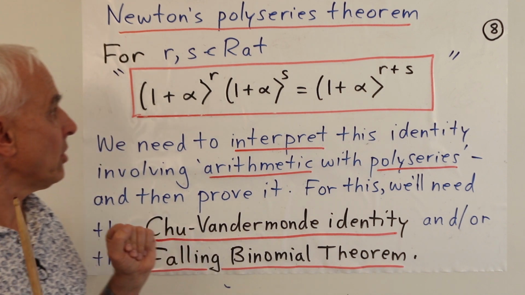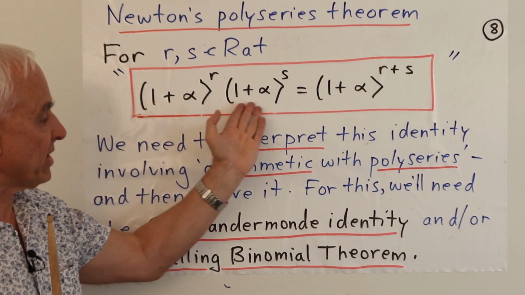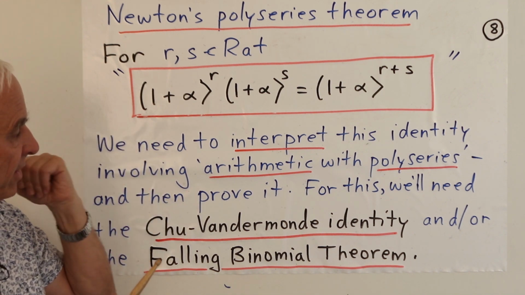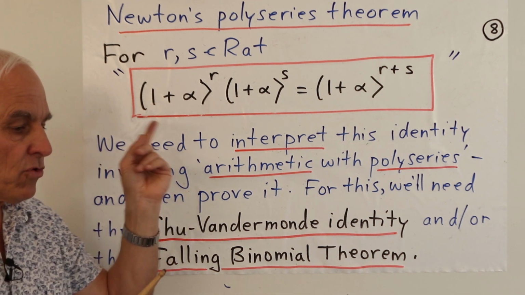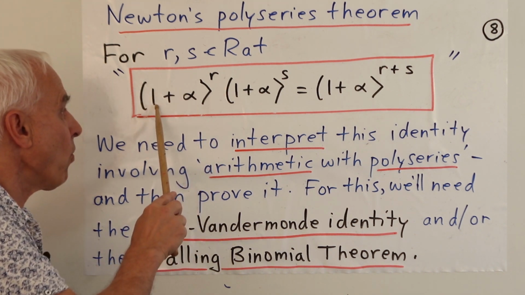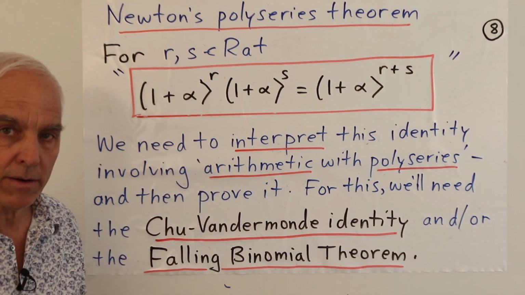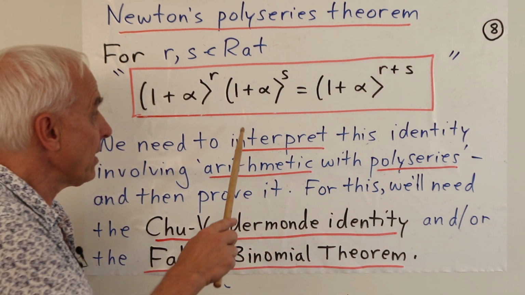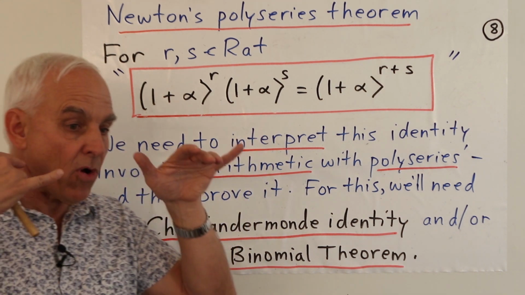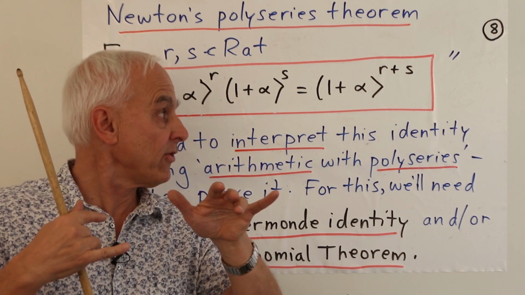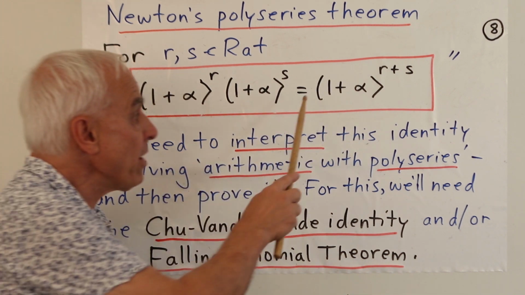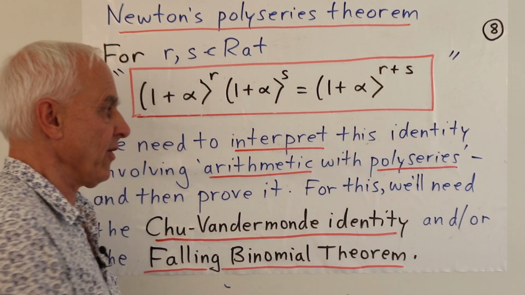We are going to want to be very precise about this, but at this stage it's still in quotes. So here is the theorem: for two rational numbers r and s, if we take the polyseries 1 plus alpha to the r, which we've just defined, and a second one, 1 plus alpha to the s, then the product of these polyseries is equal to the polyseries 1 plus alpha to the r plus s.